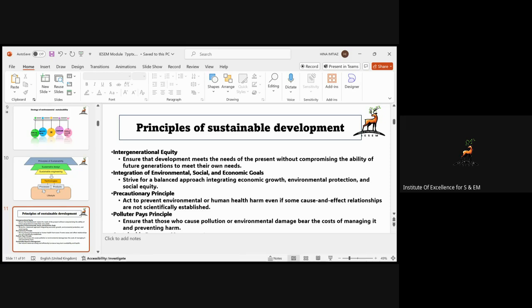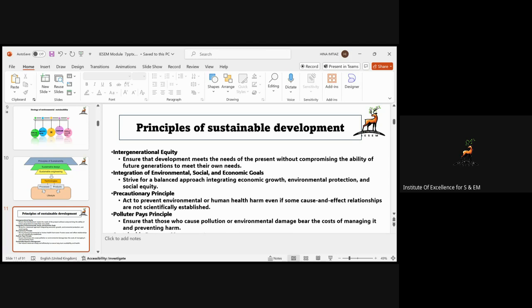The third principle is the precautionary principle, which basically demands that we prevent environmental or human harm, and animal harm. So if someone causes it and they are obviously getting such effects, until now it is not scientifically established, so we are still working on it.